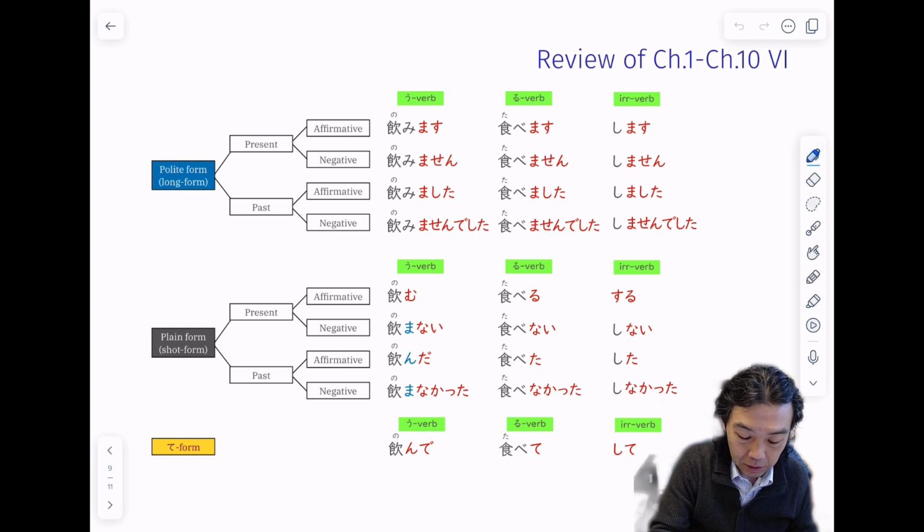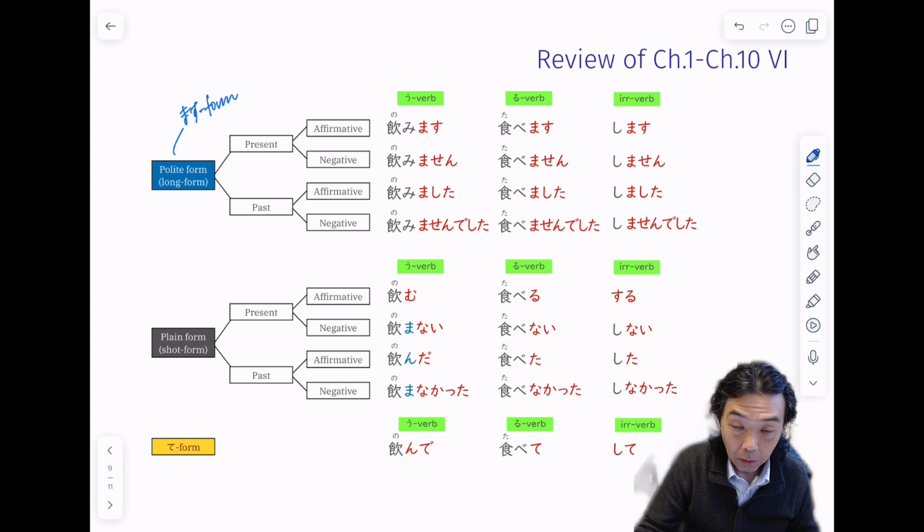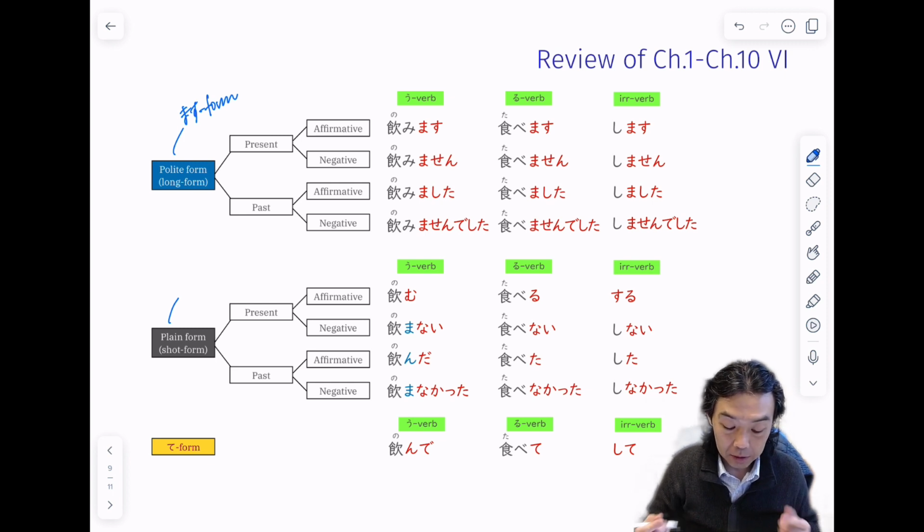Sometimes polite form is called masu form, or sometimes called long form. Genki calls it long form. Plain form is also called short form. So they're pretty much the same thing. For this purpose, we use polite form and plain form.